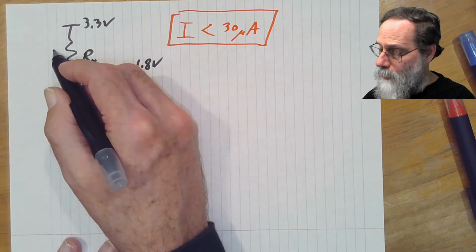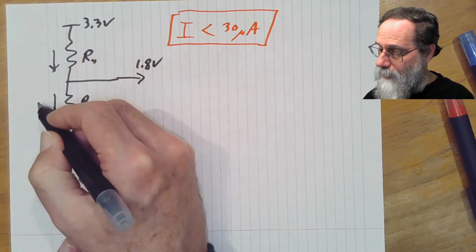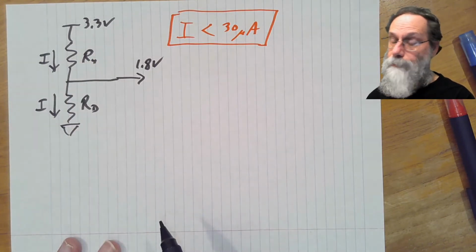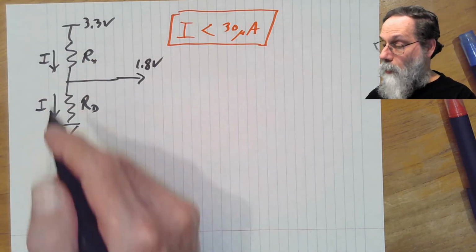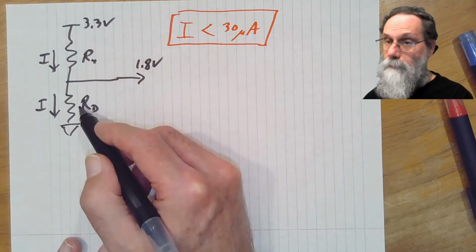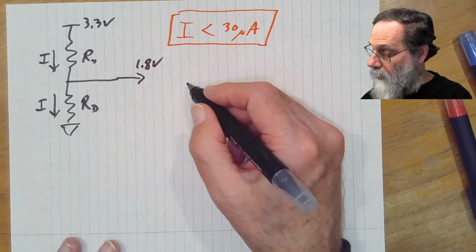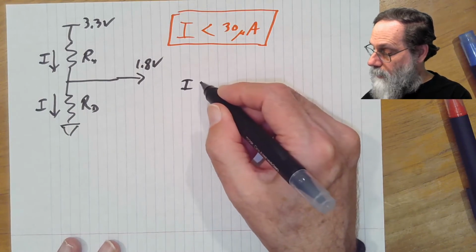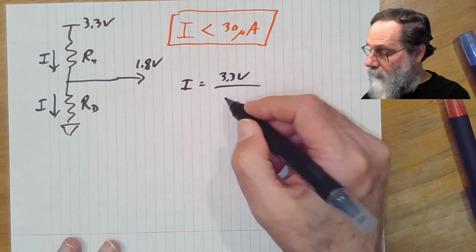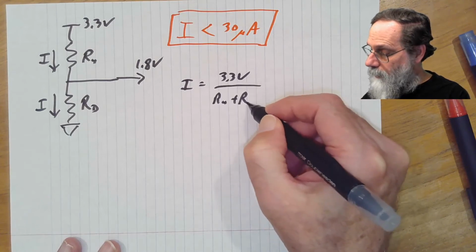That means that the current here and the current here are the same, and that's the total current that the circuit uses. All right, what is that current? Well, we can just take Ohm's law here and say the current is 3.3 volts divided by RU plus RD.